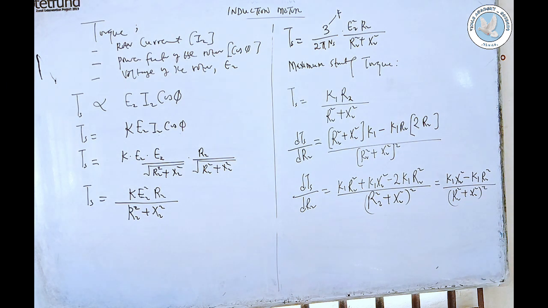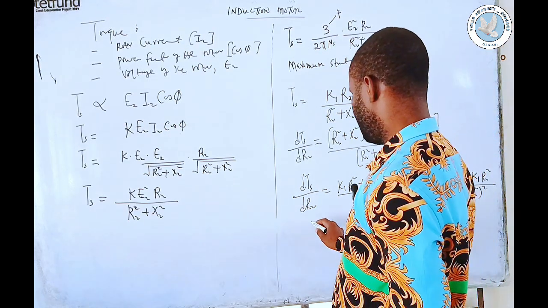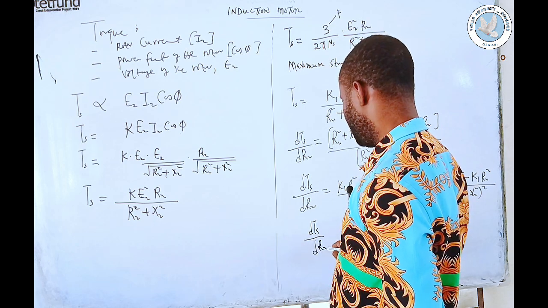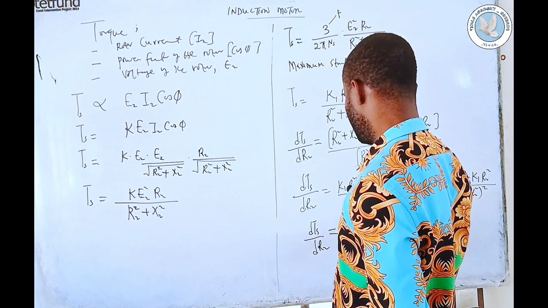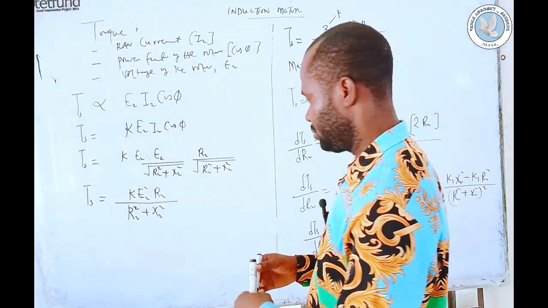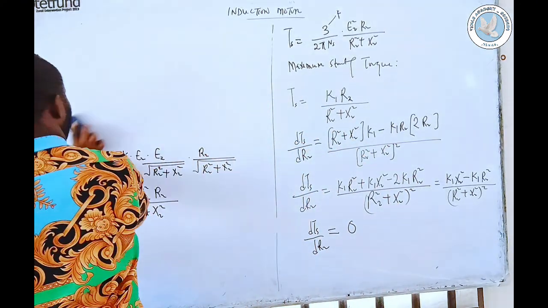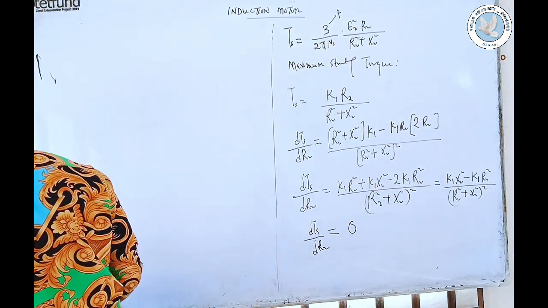So at a stationary point, the dT_s divided by dR_2 will be equal to 0. Let's figure out how we can analyze this.